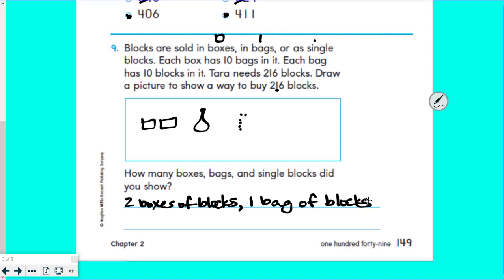And so put another comma. And 6 single blocks, right? 6 single. And if you're not sure on the spelling, like look right up here. It shows you how to spell the words. 6 single blocks. Right? Okay.